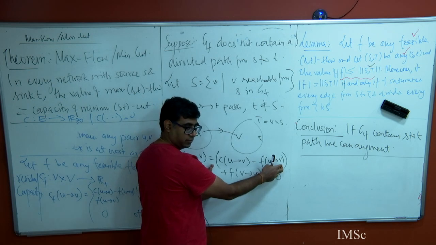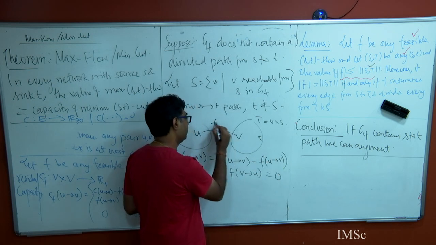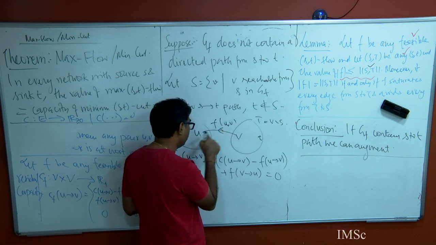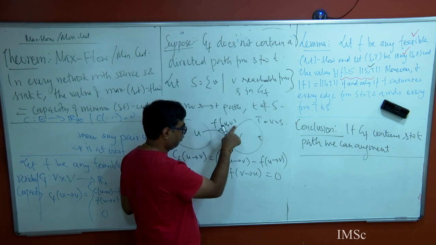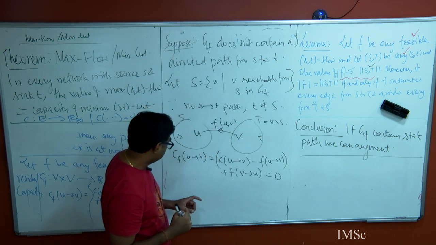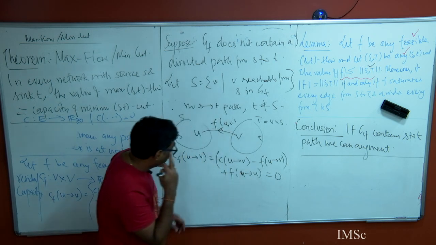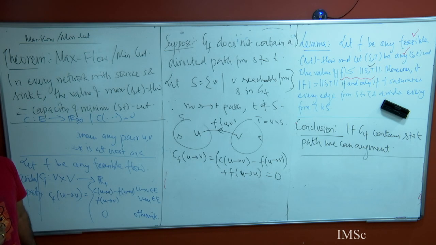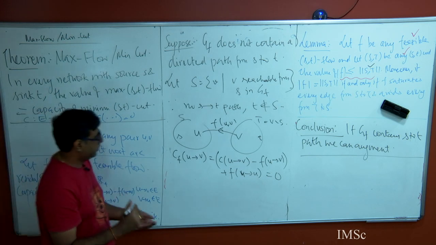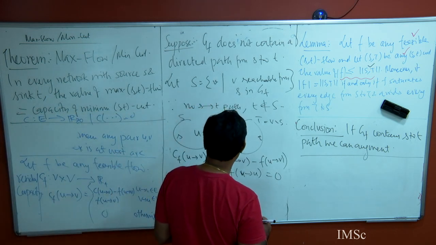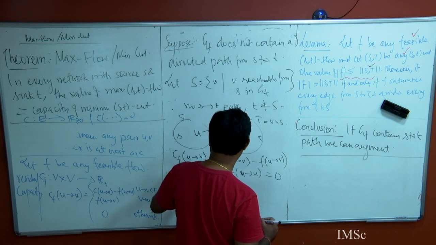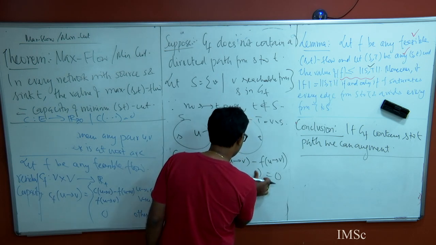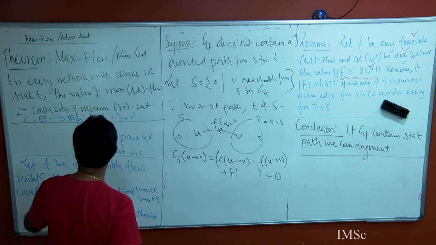So if this happens, it means there is an edge with flow (U, V) from V to U. It shouldn't be (V, U), it should be flow (U, V). How do we define flow?